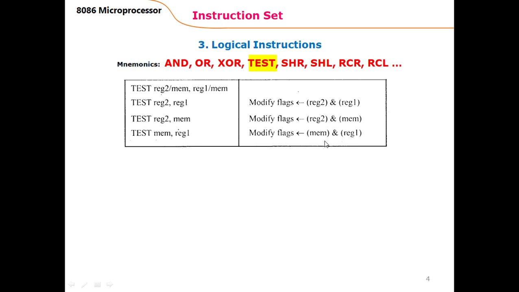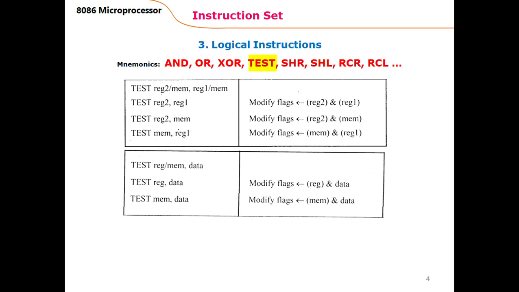The two values in this register and this memory location are ANDed, and this operation then modifies some flag bits. Test is also available with immediate data, where one of the operands is an immediate value, while the other operand is a register or a memory location.